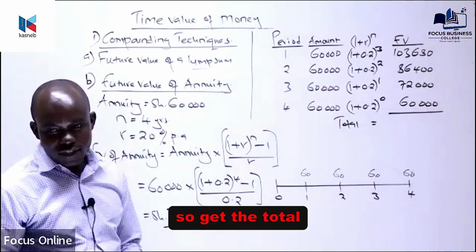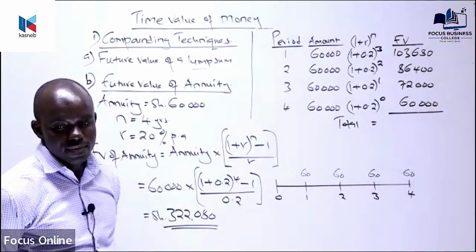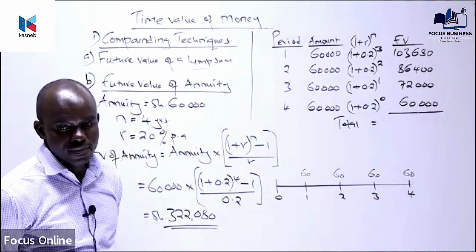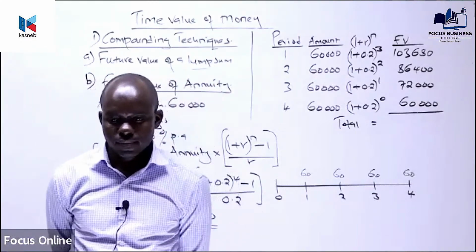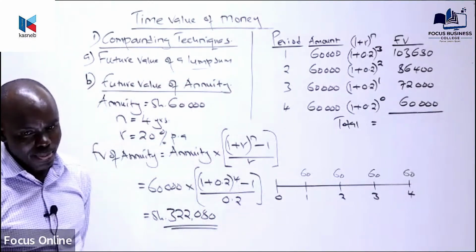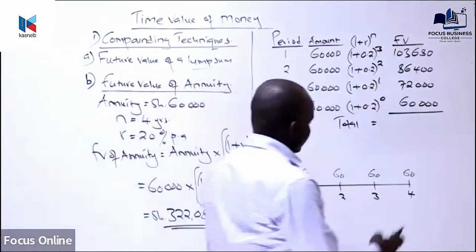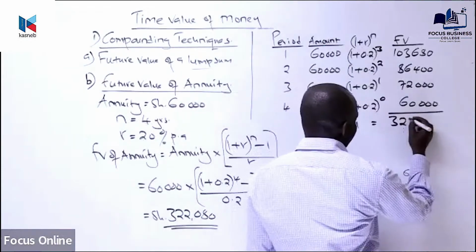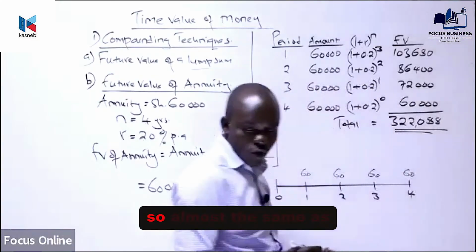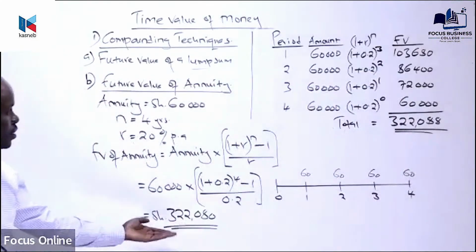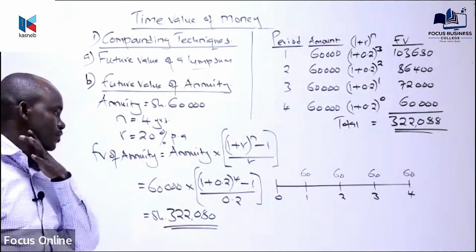So get the total. $322,088. So almost the same as what we have here, just because of rounding off, that's where there are differences.